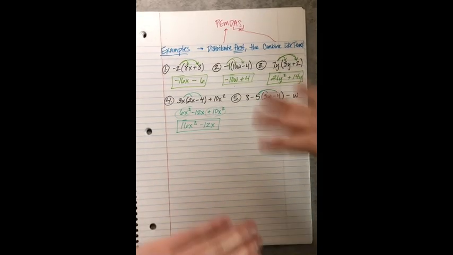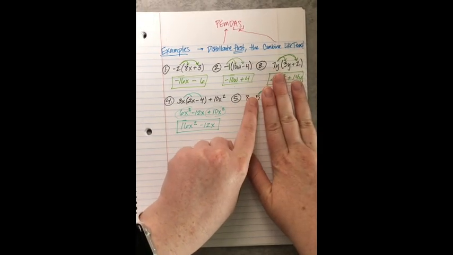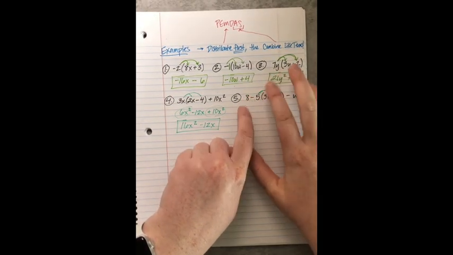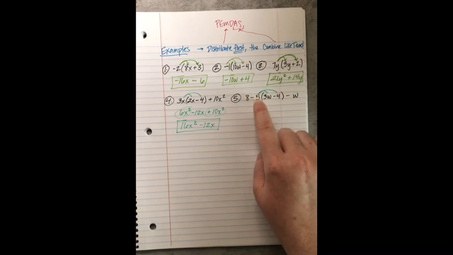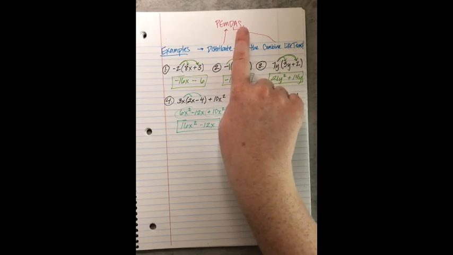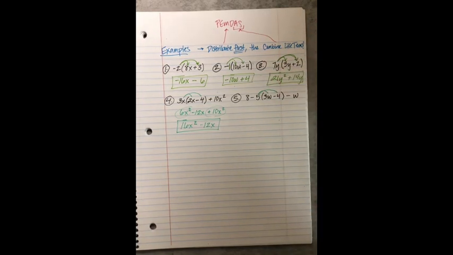Now, another thing, I kind of went ahead of myself. A lot of you might have went like this. Oh, 8 minus 5, that's 3. Maybe you thought you were going to distribute a 3. Absolutely not. We cannot subtract, which is way at the end of order of operations, before you actually do your multiplication, which in this case is distributive property. So you have to do distributive property first if it's there.